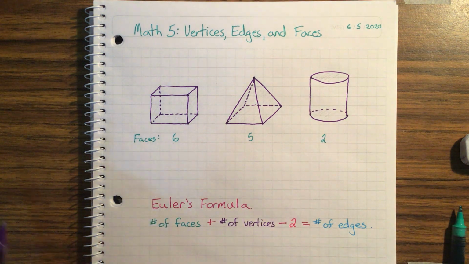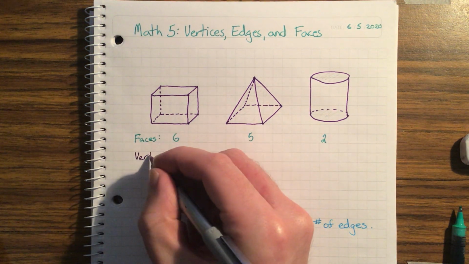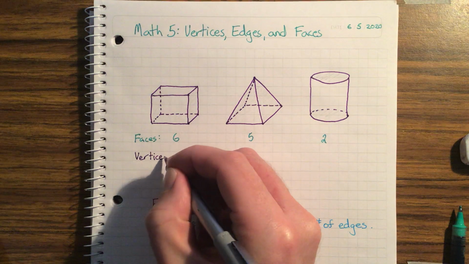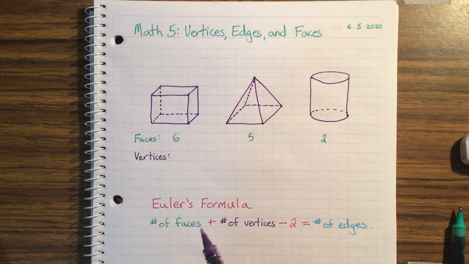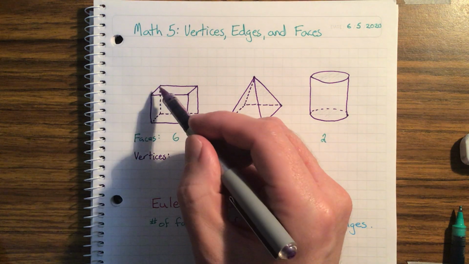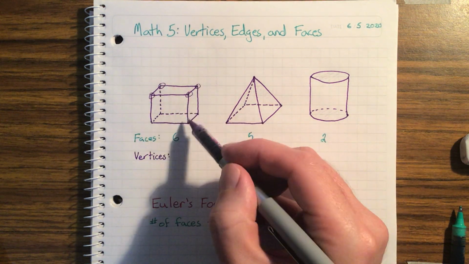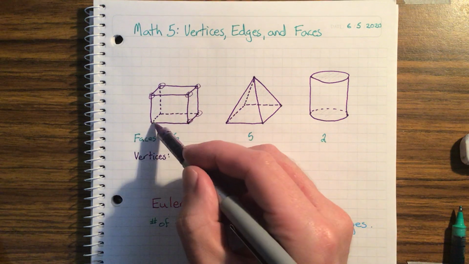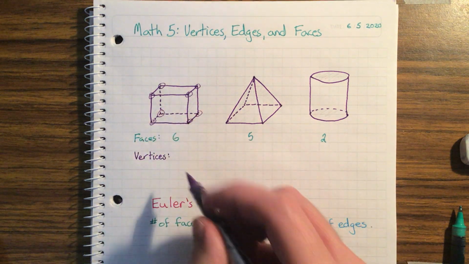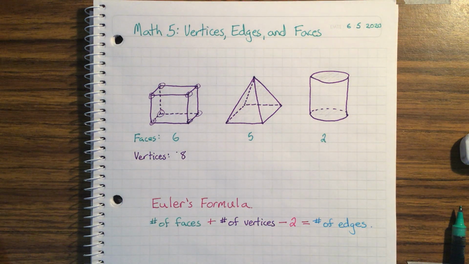Now, let's count the number of vertices. The vertices are the points. So let's look in this guy, our rectangular prism. We have 1, 2, 3, 4, 5, 6, 7, 8. We have 8 vertices in our rectangular prism.